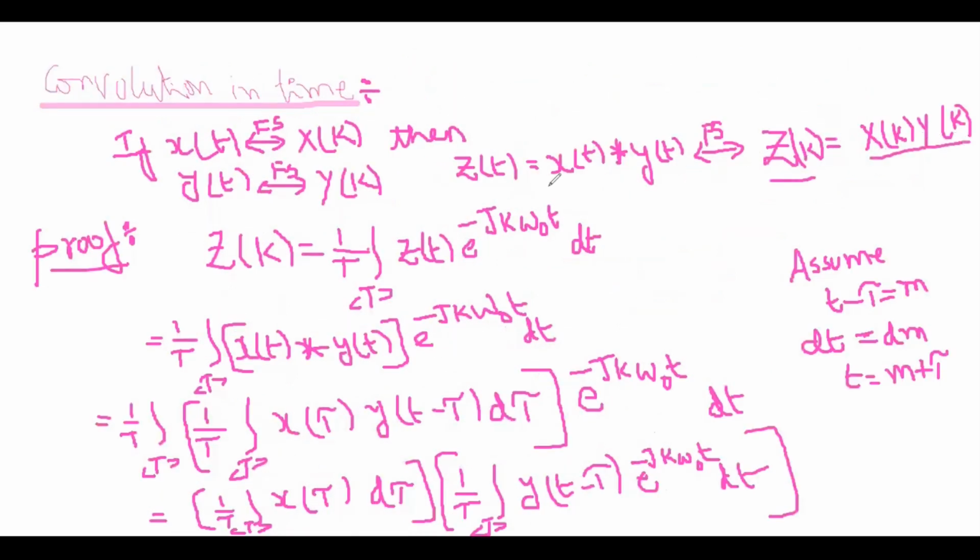This means convolution in time is product in frequency. Product means multiplication. Convolution in time of the two signals gives the product of the Fourier series coefficients of the two signals. After applying the Fourier series, the convolution in time property is a very, very important property.